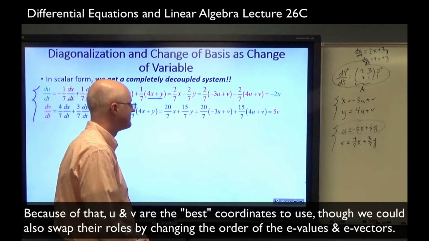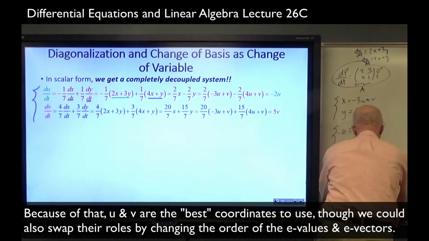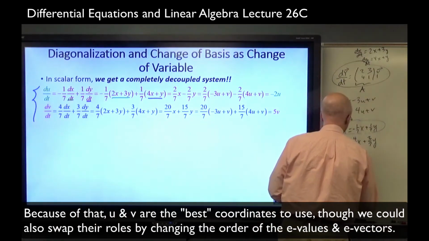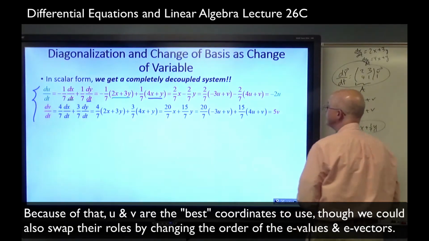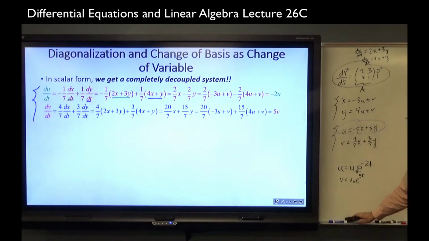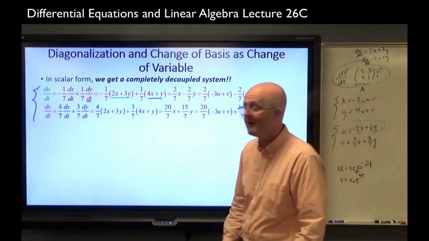U would be u0 e to the negative 2t, looking at the top line. And v would be v0 e to the positive 5t. It's a completely decoupled system. In matrix form, the matrix is diagonal.